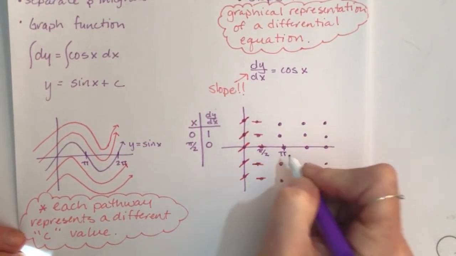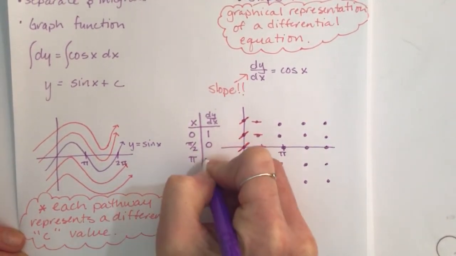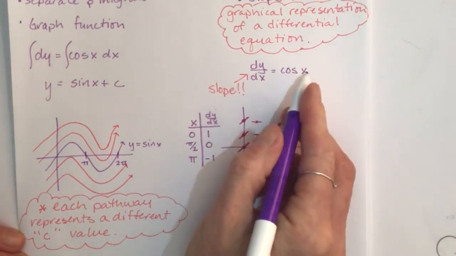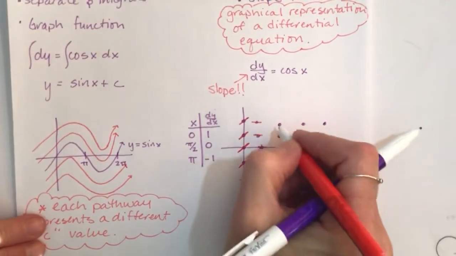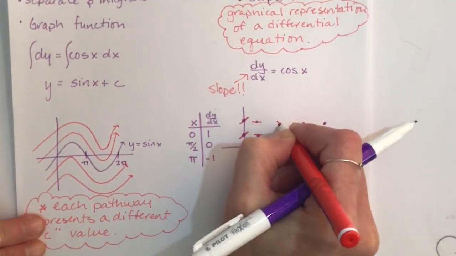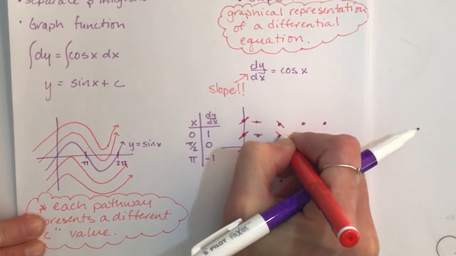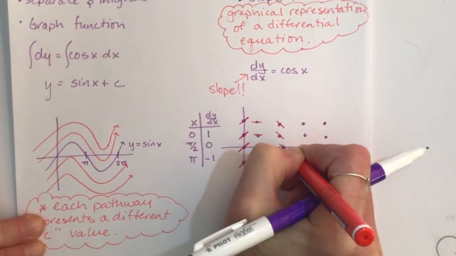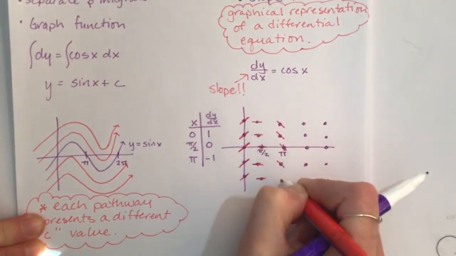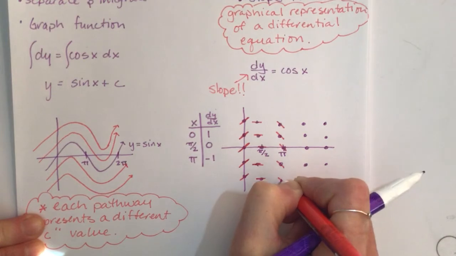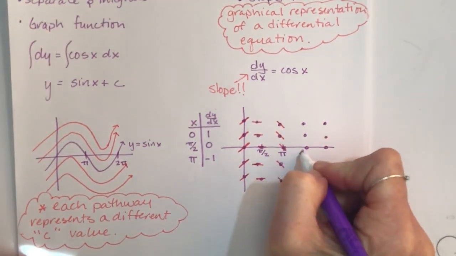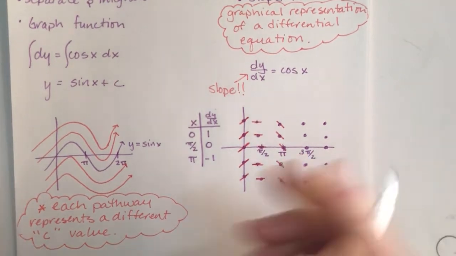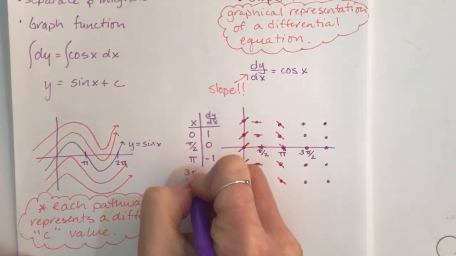Again, at pi now, cosine of pi is -1. So we're just plugging that in. We get dy dx is -1. So a -1 slope is going down, a little tangent slope going down. And then the next one is 3 pi over 2.